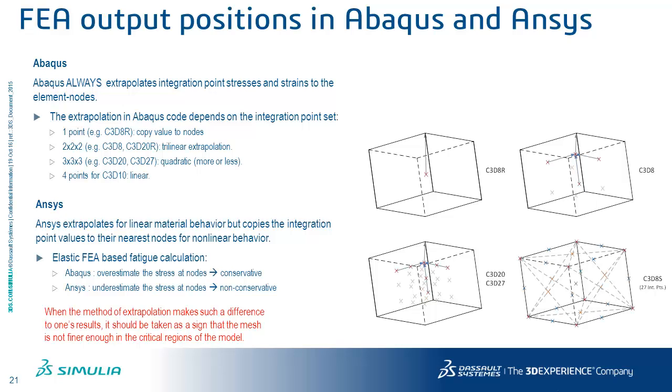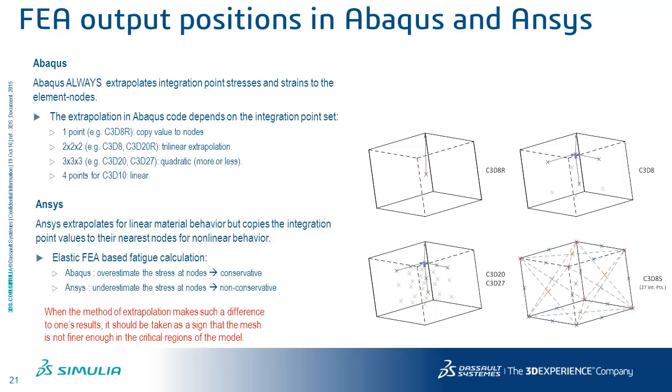On the other hand, Ansys only extrapolates the integration point values to the nodes when you do a nonlinear analysis. If you do a linear analysis in Ansys, the Ansys nodal value is just a copy of the nearest integration point value.